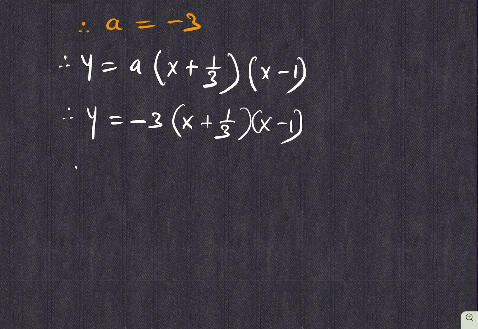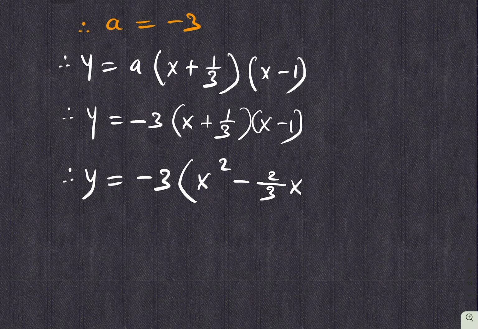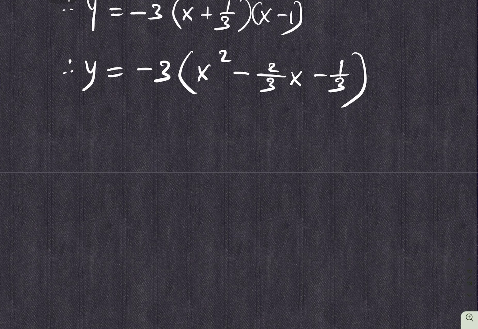Therefore, this will really be y equals -3 into, if you try to expand this, with expansion you should get x squared, and then minus 2/3x. And then this should be -1/3, if my math serves me very well. Therefore, multiply everything by -3. This gives you -3x squared plus 2x plus 1.